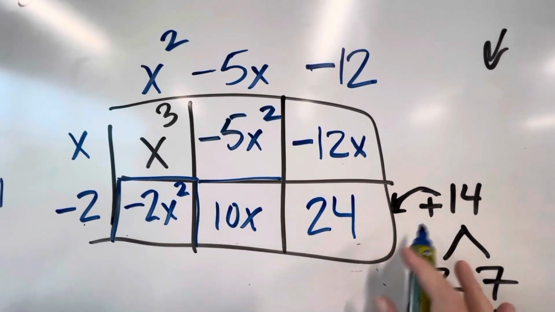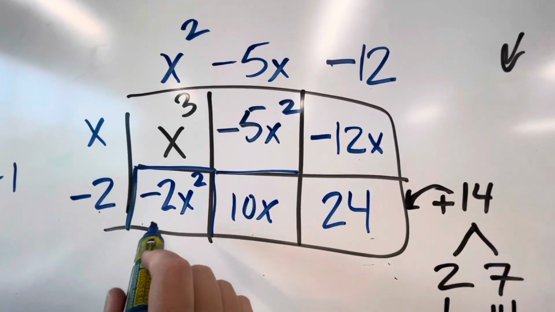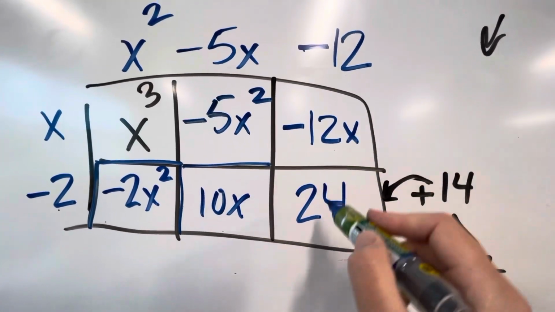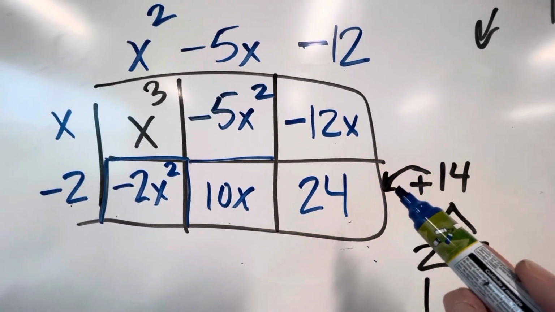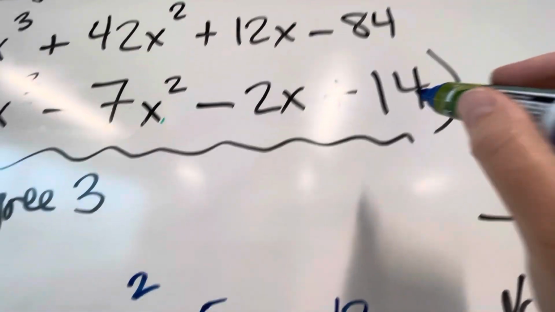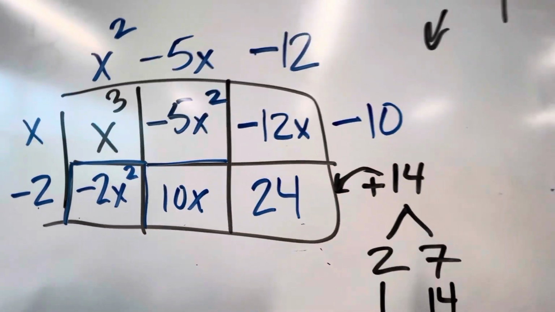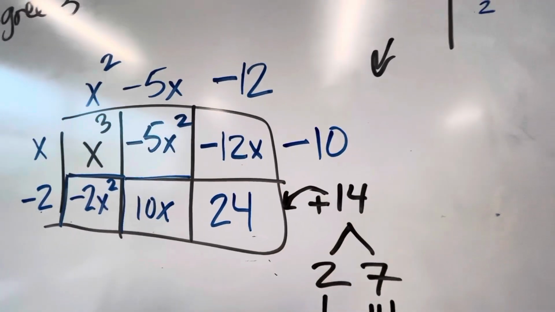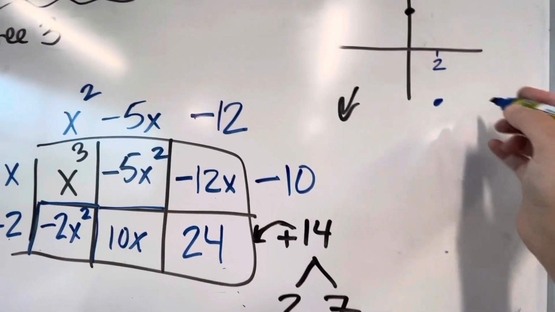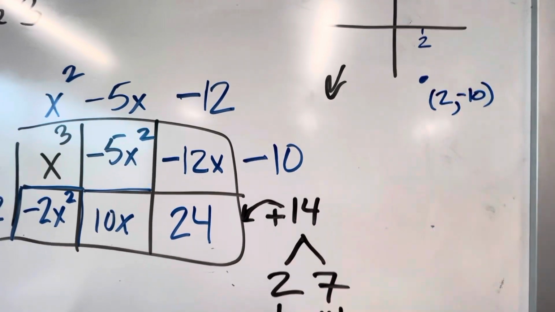Now, this is not 14, so I'm going to continue the process as I have been before, where I add in what I need in the diagonal in order to force it to be exactly this. So to get to 14, I need to subtract 10, which means at 2, my function value is negative 10.